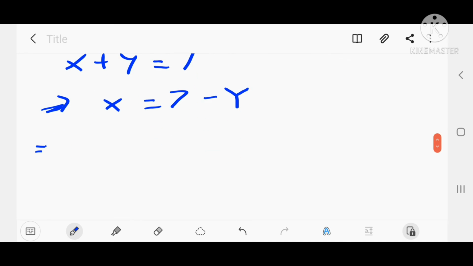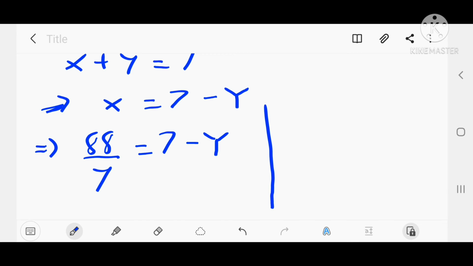This implies that 88 on y equals 7 minus y, and also 10 on y equals 7 minus y.